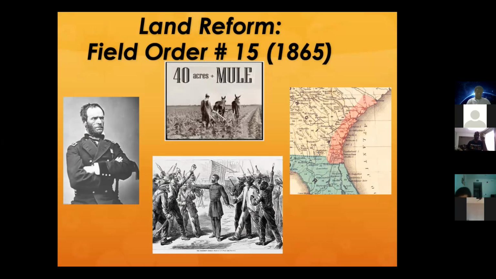That comes from a period of time in the Civil War where General Sherman actually ceded land from Charleston, South Carolina to Jacksonville, Florida, 30 miles inland to Black people after a conversation with Black elders and leaders in Savannah, Georgia, right? So we have conversations around the political economy of land and land reform and its importance, not just in the context of the US, but in the context of other parts of the world as well.